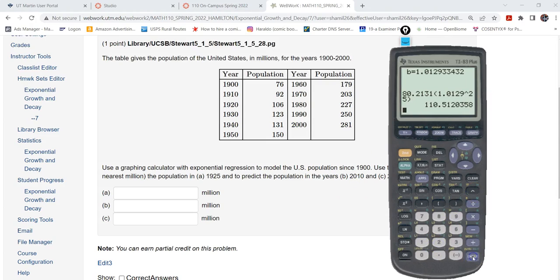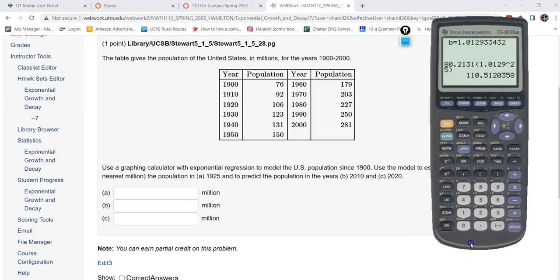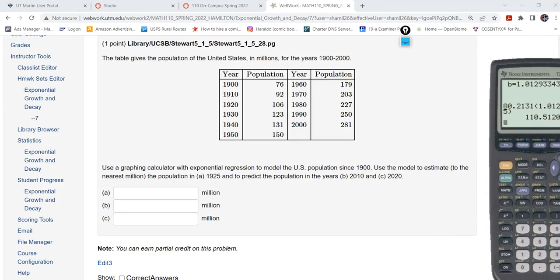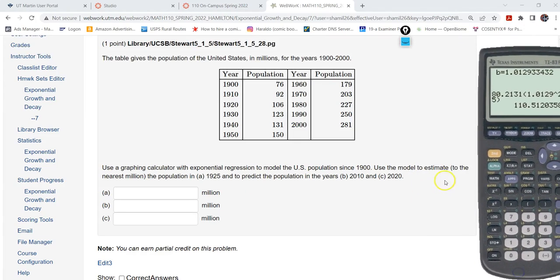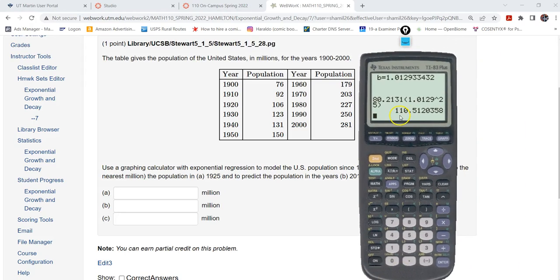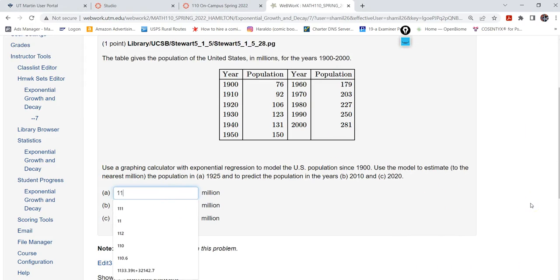I wonder if they want it to the nearest million. Okay, the instructions right here said to the nearest million. So it's going to be 110.51 million. To the nearest million, that's 111 million.